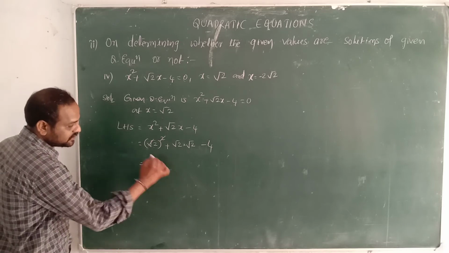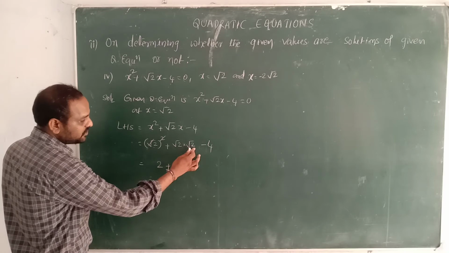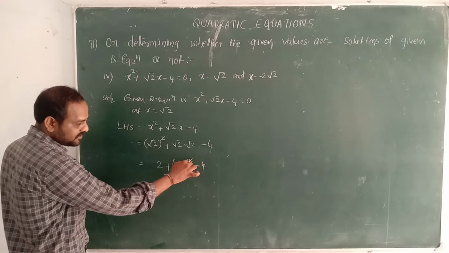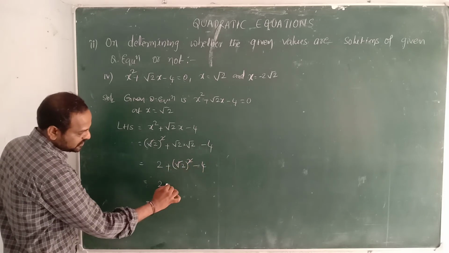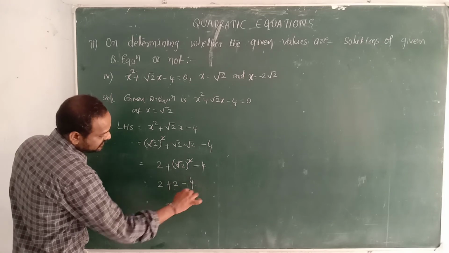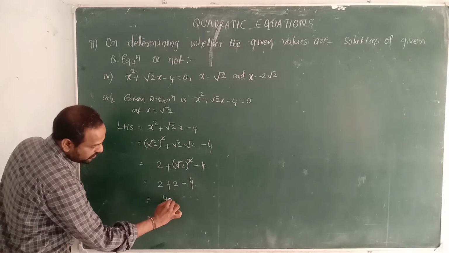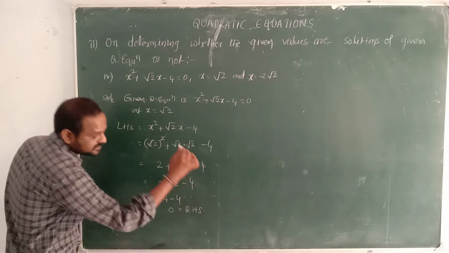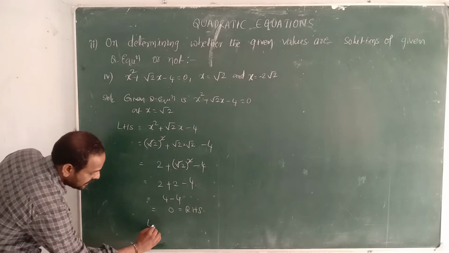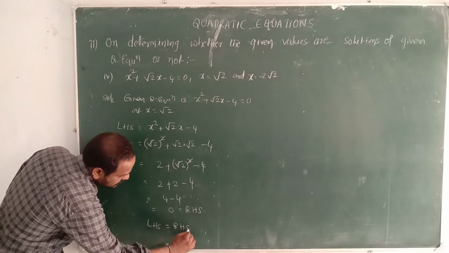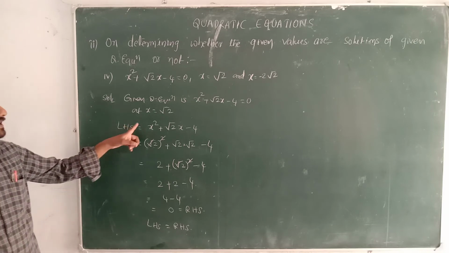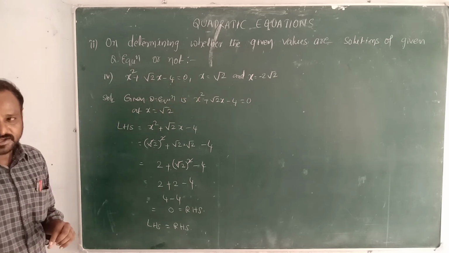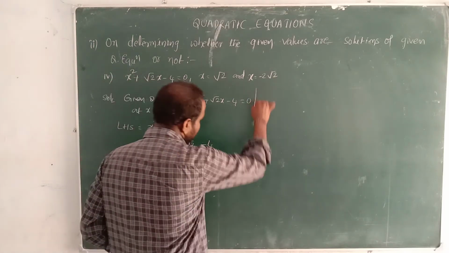Then the remaining term 2, plus here also root 2 into root 2 means root 2 whole square, minus 4. Here what happens? Square and root get cancelled. Then the remaining terms 2 plus 2 minus 4. So 2 plus 2 means 4 minus 4, 0, which is equal to RHS. So here we got LHS is equal to RHS. So we can say that the given x value root 2 is a solution for the given quadratic equation. Did you understand? Yes, sir.